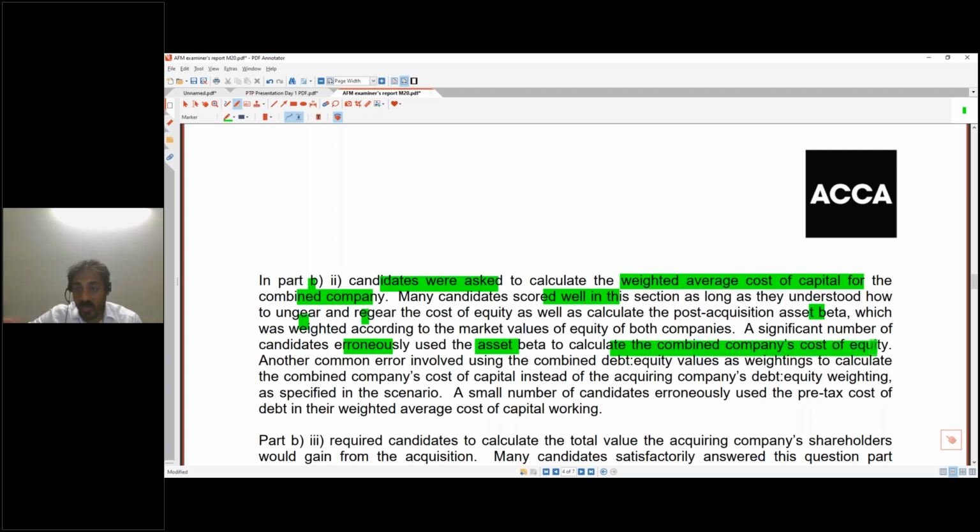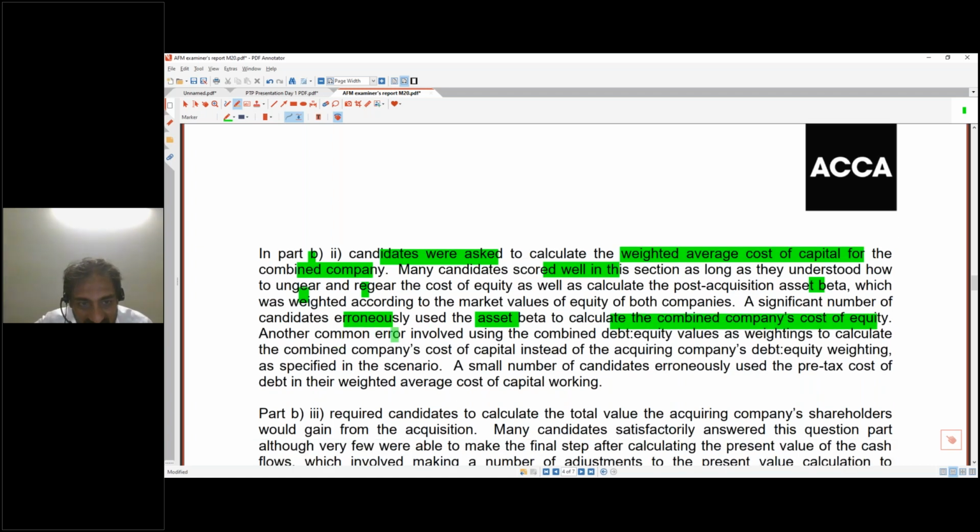So you don't need to make a mistake about the gearing and degearing. Another common error was using combined debt equity value weighting to calculate the combined cost of capital instead of the acquiring company's debt over equity as specified in the scenario. It means you have taken the wrong weightage. A small number of candidates erroneously used pre-tax KD. So these are the highlighting factors.